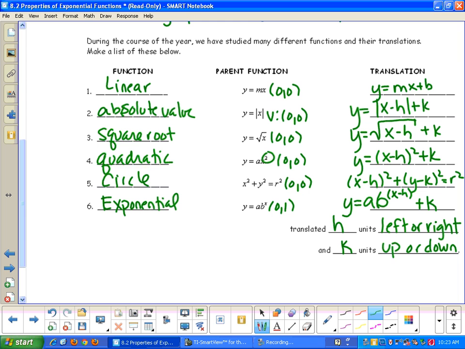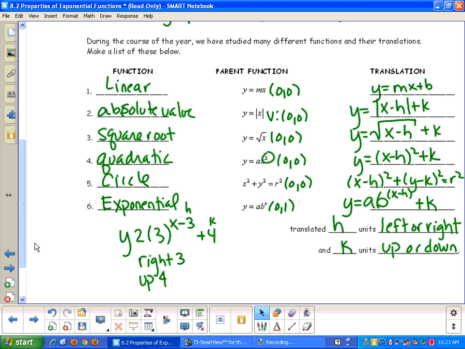And so just to look really quickly, if I had y equals 2 times 3 to the x minus 3 plus 4, now from my parent graph, we've moved it to the right 3 and up 4 units because this is my h and this is my k.